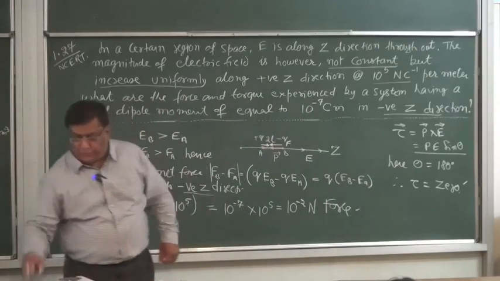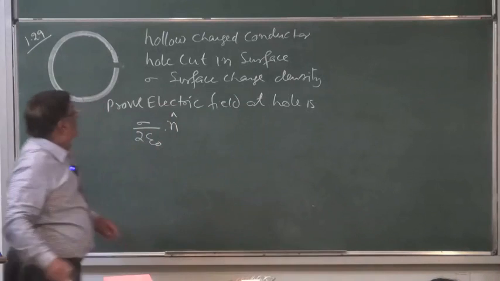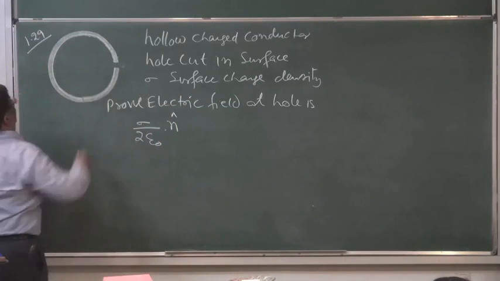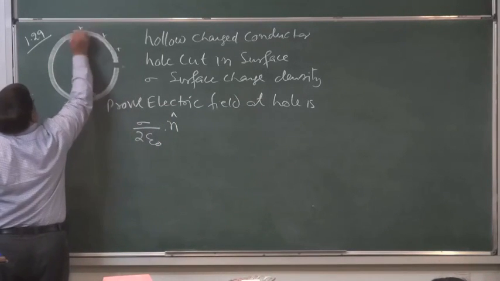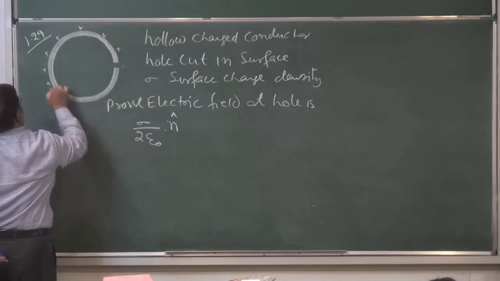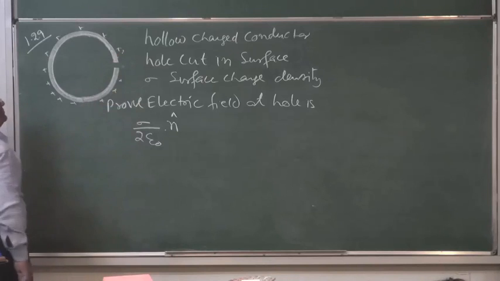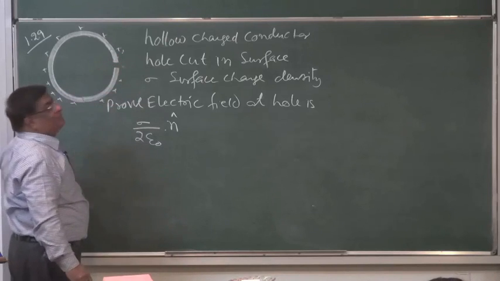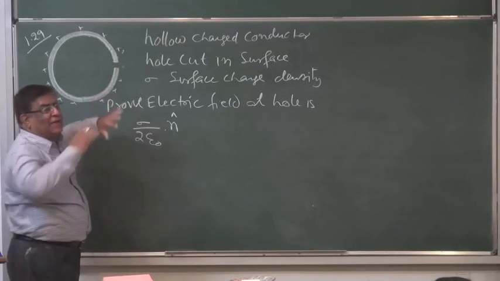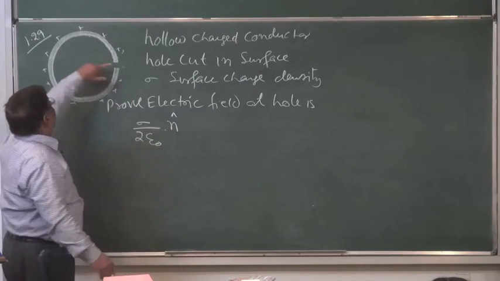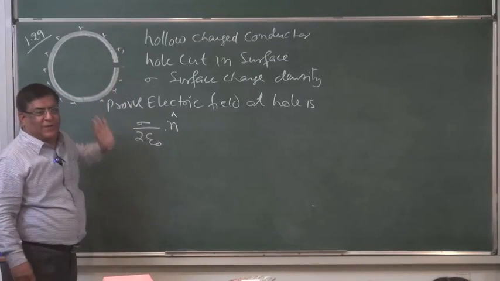Okay, so see this question. This is a hollow charge conductor. There is a cut here. Charge कहाँ reside करता है? On the external surface. So the charge will automatically come outside.